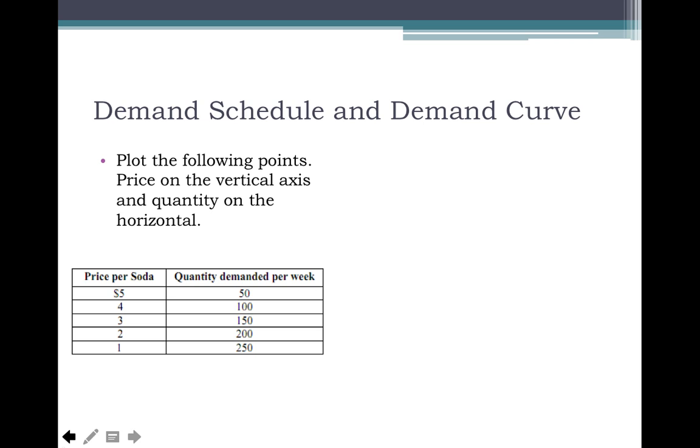This is an important thing as we move through the course. Correct labels are important. You get credit for them. Incorrect labels will make you lose credit, okay? So along the vertical axis, we put price, could be a dollar sign, and along the horizontal axis, we put quantity. So take a minute, pause the video, go ahead and sketch out a demand curve.